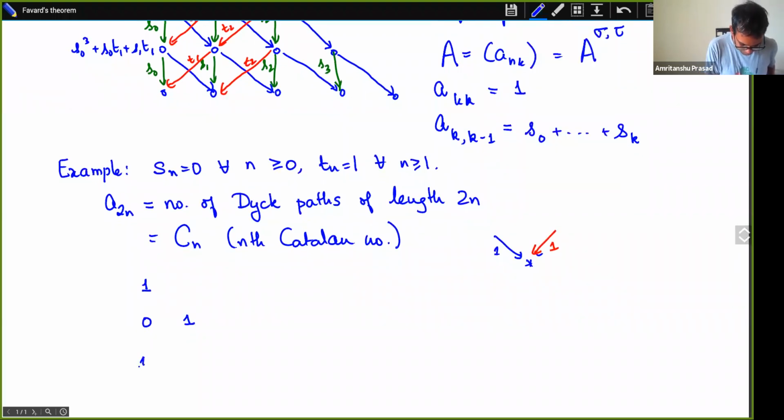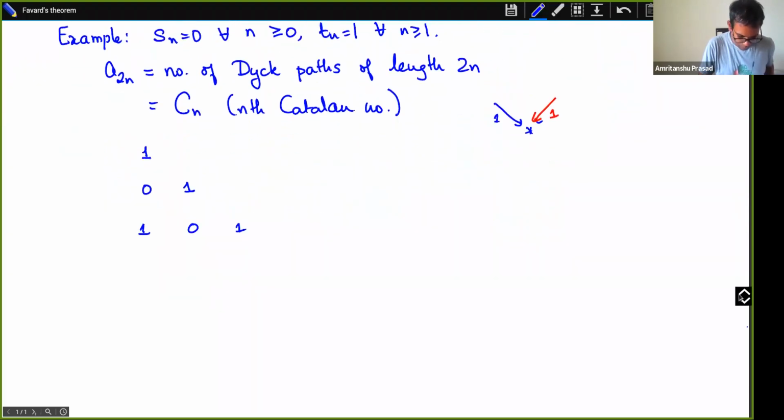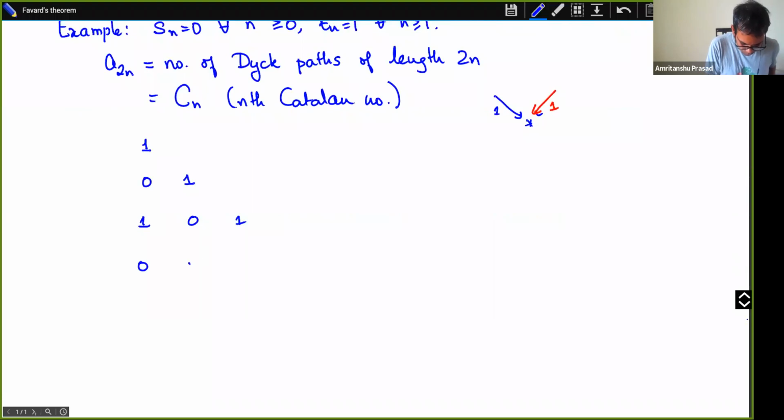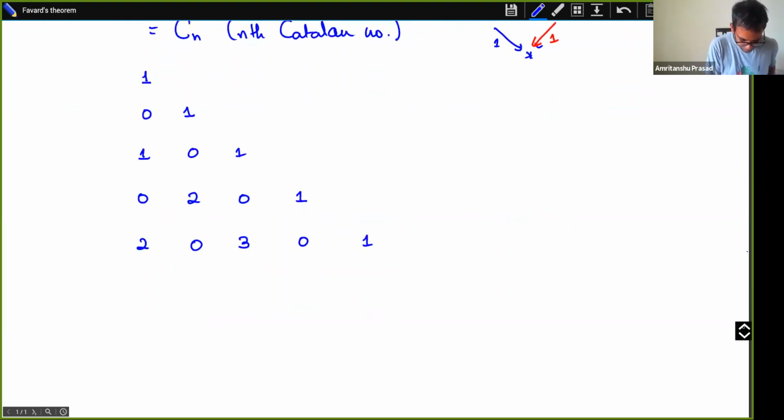So now we will have 1, 0, 1, and let's go a little further. 0, 2, 0, 1, then 2, 0, 3, 0, 1, then 0, 5, 0, 4, 0, 1. You see the zeros are everywhere, like the white squares in a chessboard.